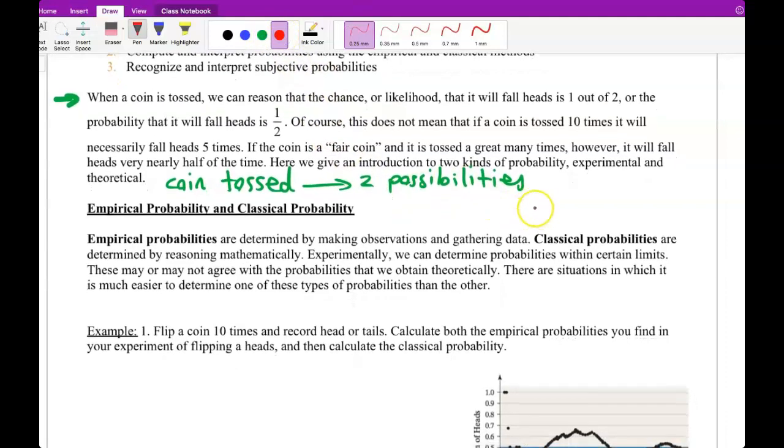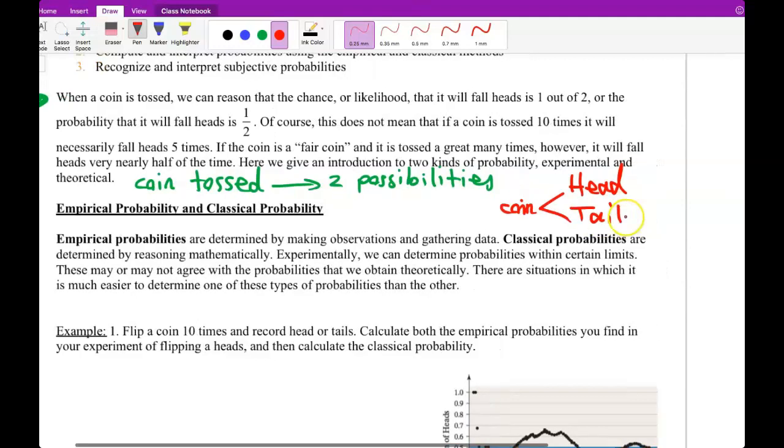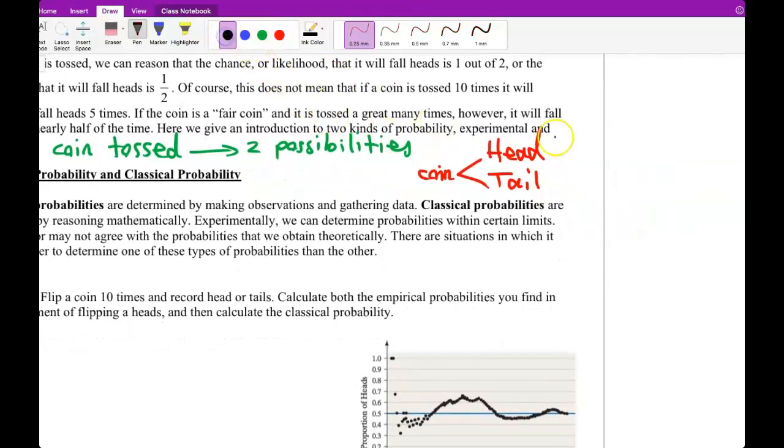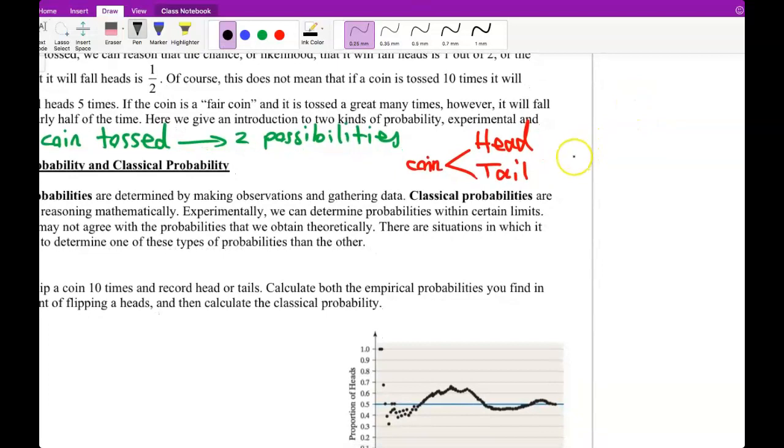One is head and the other side is tail. What this means is the chance is 1 out of 2 for each one. So for head and for tail, the chance is 1 out of 2.